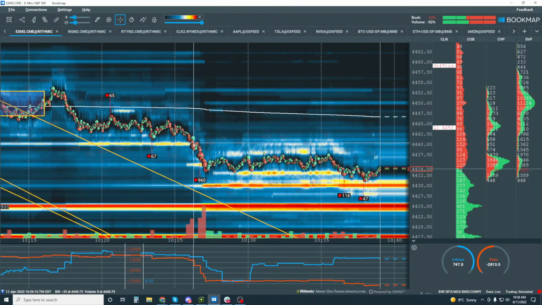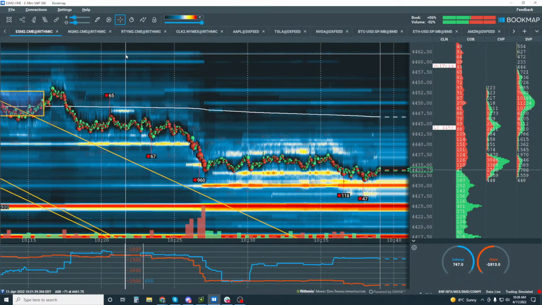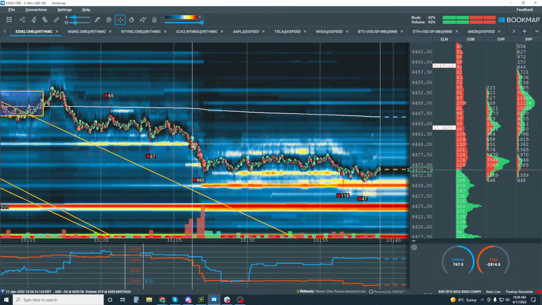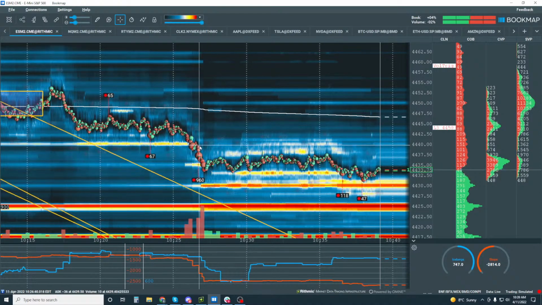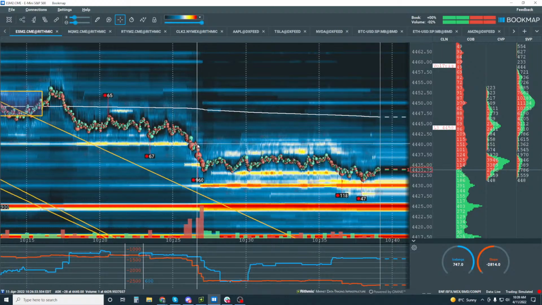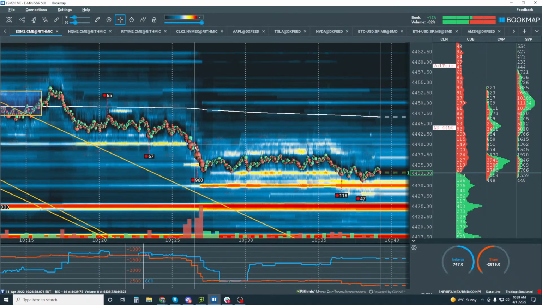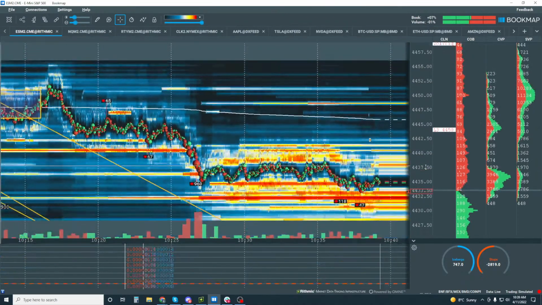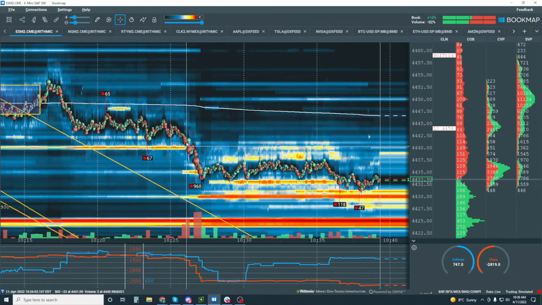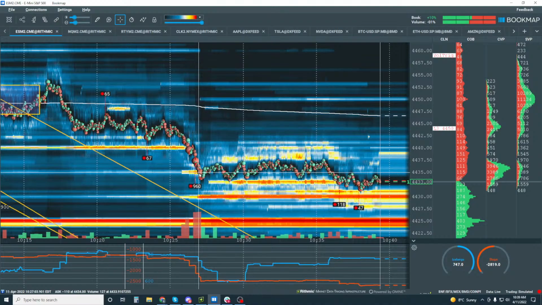The 2 to 3 points that we look for in the S&P is questionable at highs and lows of the day. That's the only caveat.